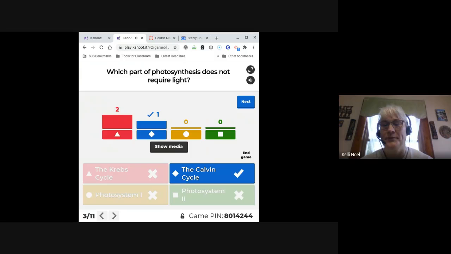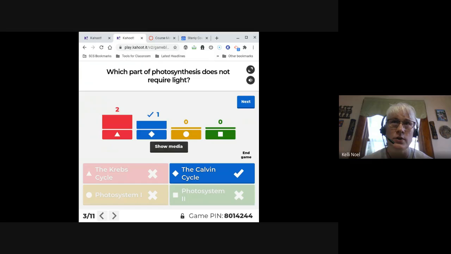All right, we had 2 cycles. Respiration was one cycle we talked about, and I bet you guys chose that one because it was from class. You remember us talking about it in class. That's going to be in the Krebs cycle, in the mitochondria. So that's going to be cellular respiration. Calvin's cycle is the one that doesn't use light.